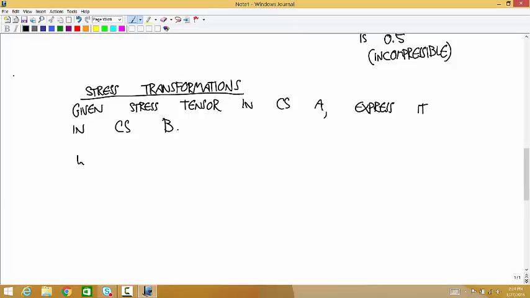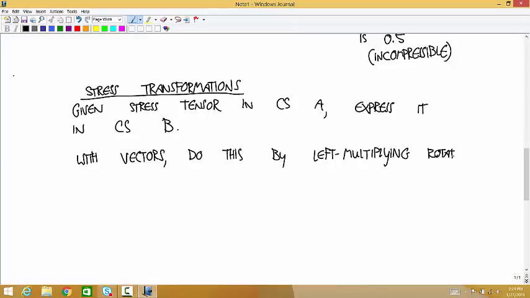With vectors, we do this by left multiplying a rotation matrix Q.